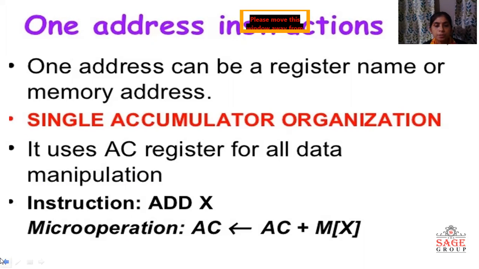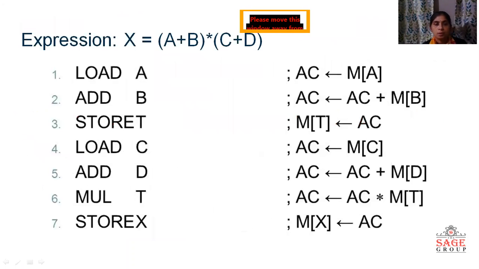For example, in the instruction ADD X, the micro operation means the operand at memory location X will be added to the accumulator data, and the previous accumulator data will be replaced by the newly added data. This is the expression: X equals A plus B multiplied by C plus D.